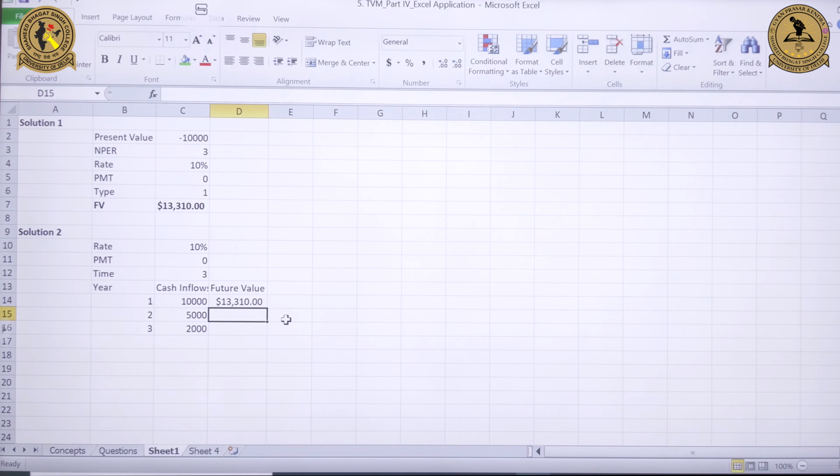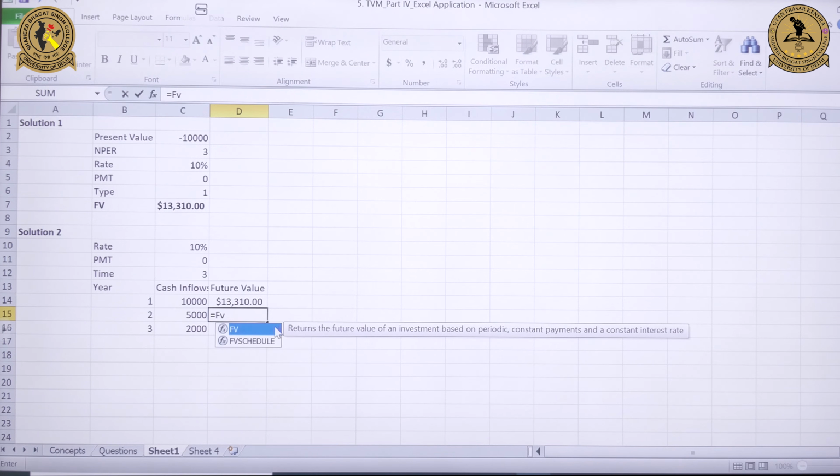Now repeating the same exercise for year 2. Rupees 5,000 is being invested at the beginning of the 2 years. So this amount will remain invested for 2 years, which means second year for a whole and third year for a whole. So again, you need to type equals to future value. The rate is 10%. Then NPER, which is total time period 3 years minus 1.